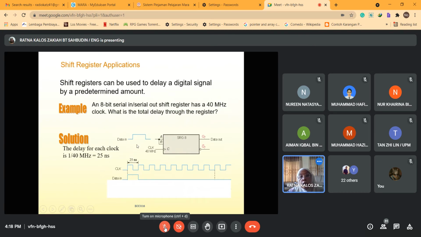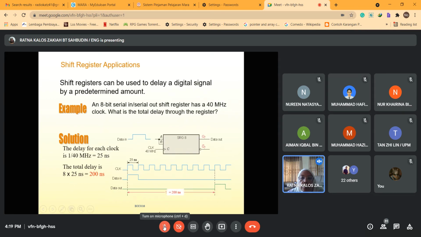For the whole 8-bit serial-in serial-out, you multiply by 8. So there is a delay of 200 nanoseconds. Remember, when the question asks for the time or total delay, it is always about time, and time is in seconds. So if the question gives hertz, you must convert that to seconds first, and then multiply by how many flip-flops and so on.